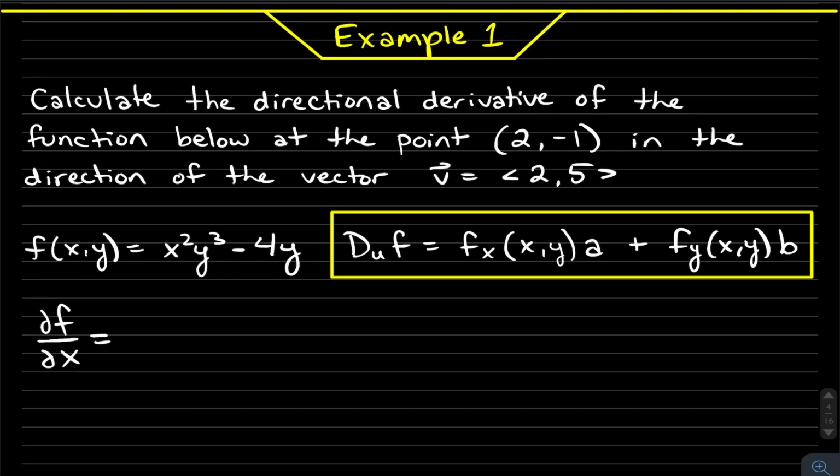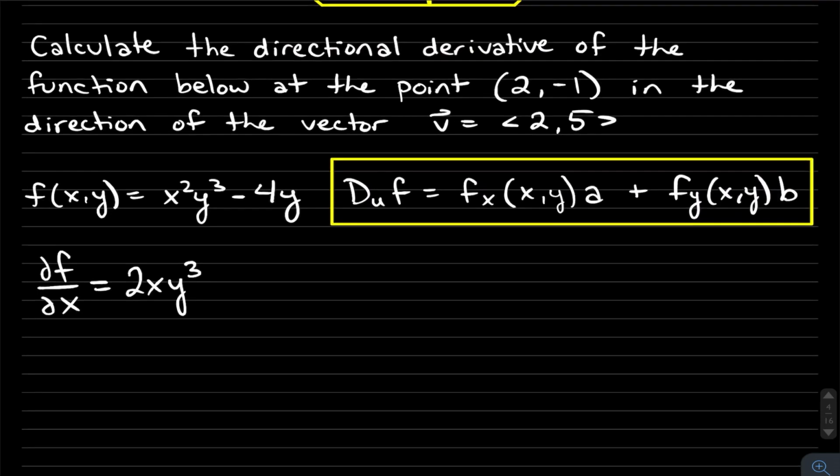Well, we leave y alone, we just take a derivative with respect to x, and we get 2x y cubed. Okay, then we see that the minus 4y would be a constant with respect to x, because if you move x, that piece won't change. That's another way to think about that. Okay, and so df/dx is just going to be 2x y cubed.